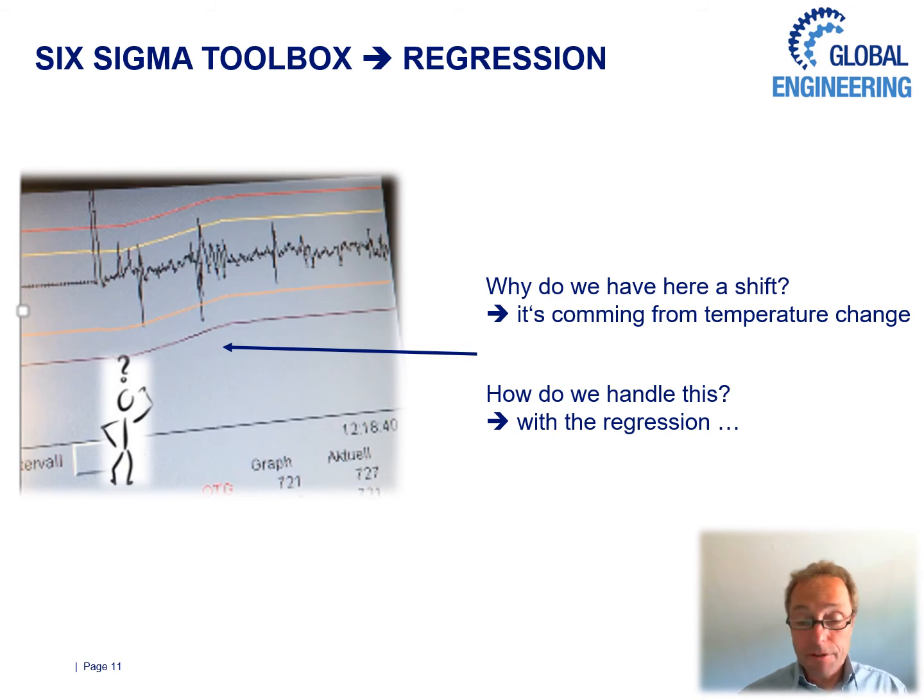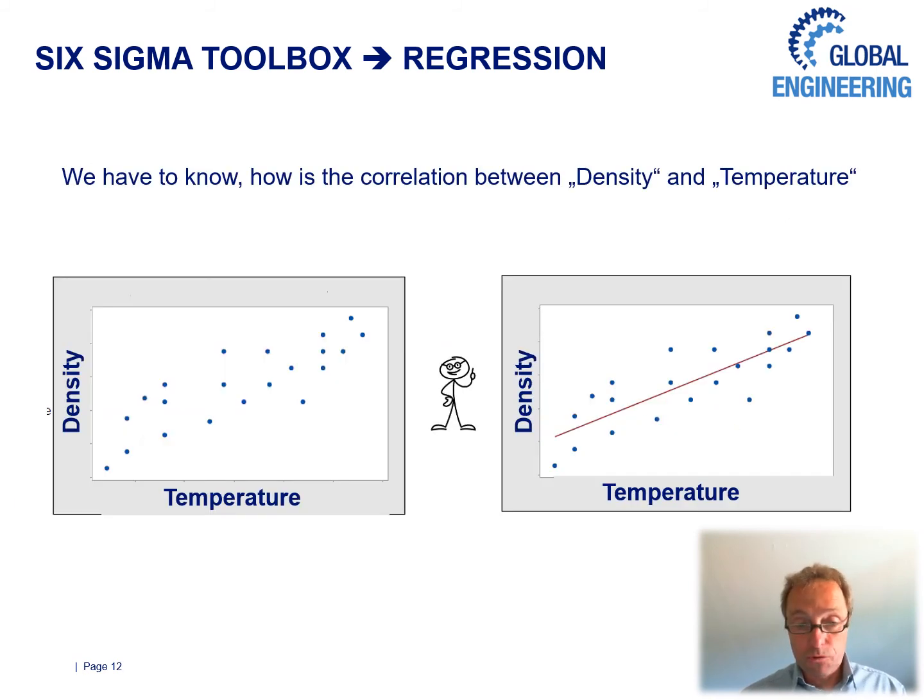And the answer for this is we can handle this with a regression. So what is it, and what do we have to do here? We see a graph, density over temperature. We can measure the density at different temperatures, and we see that with higher temperature also the density goes up.